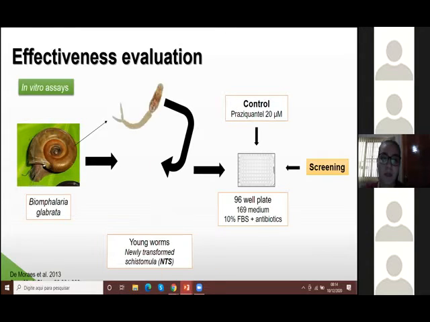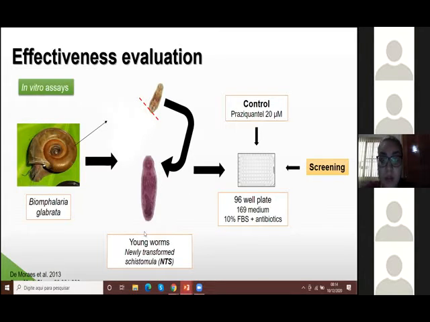Then, releasing the cercariae, we used a mechanical method to break the tails and obtained the young worms. Here we call them newly transformed schistosomula, or NTS.